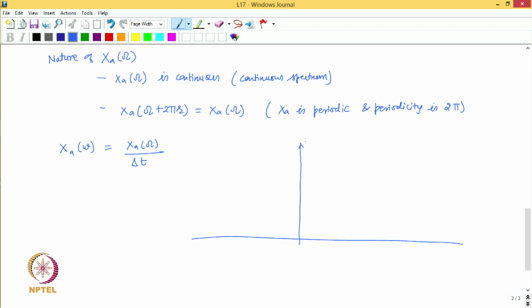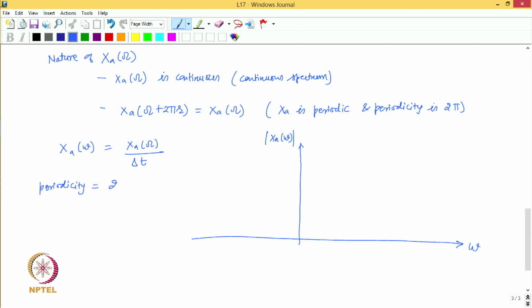So here we are going to now plot X_a(omega), and on this axis you will have omega, the frequency. You can see this is going to be periodic. What will be the periodicity?